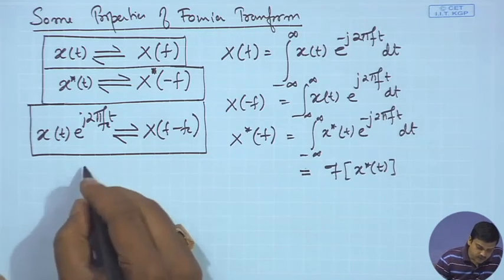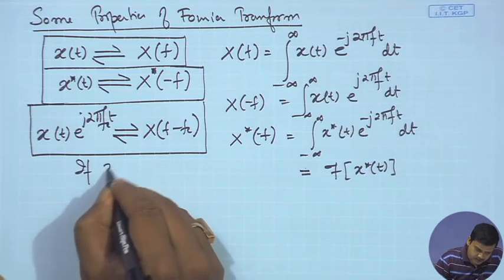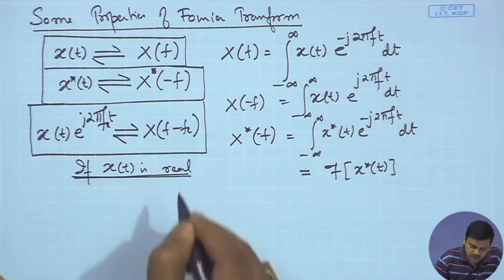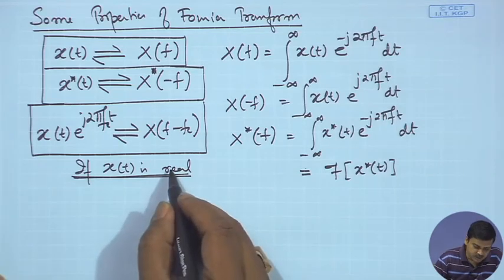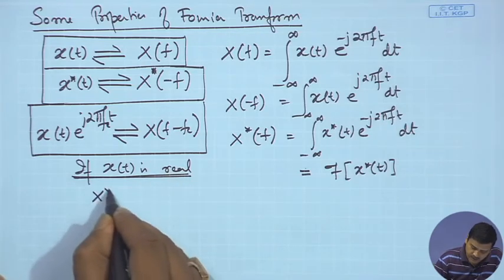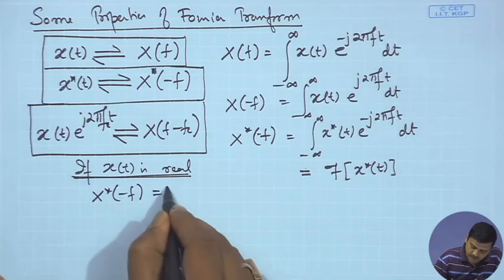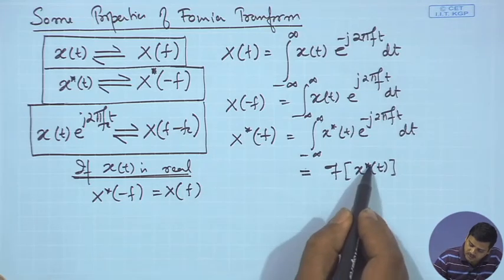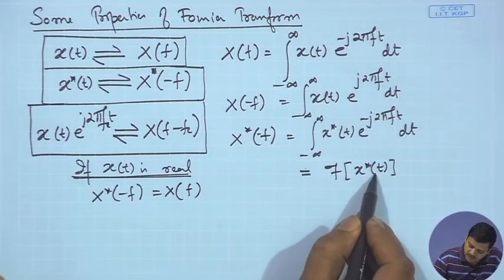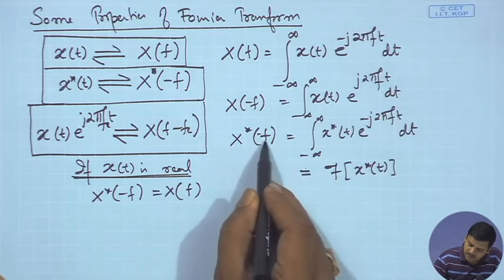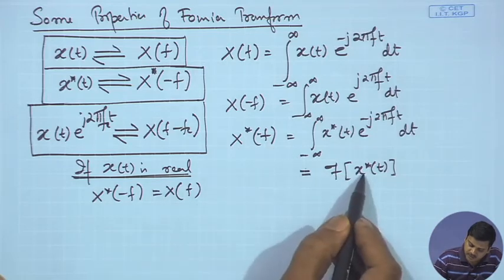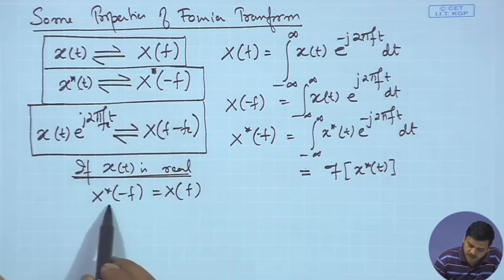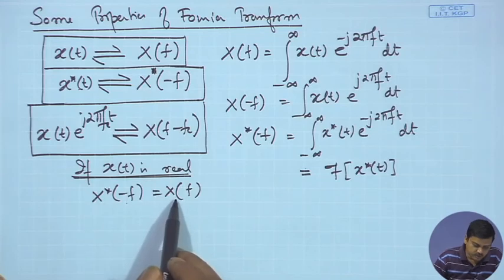Now, what we also need along with this is, if x of t is real, this is an important thing. If x of t is real, then x conjugate of t is equal to x of t, so X conjugate of minus f is equal to X of f.